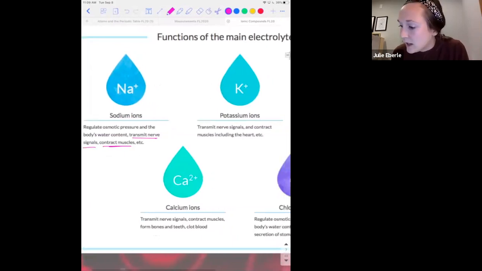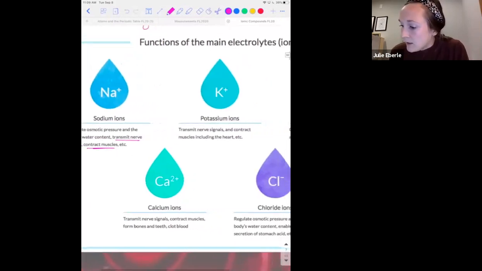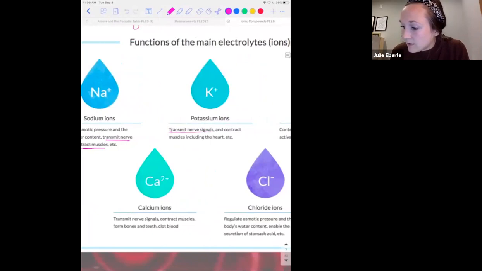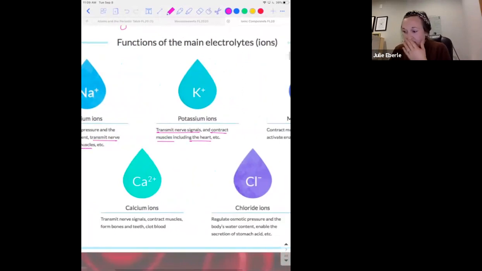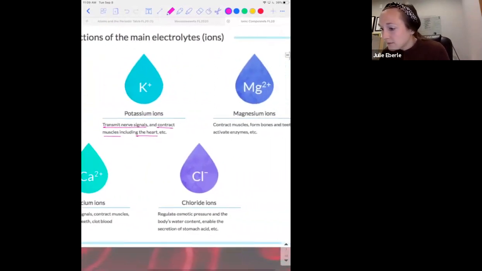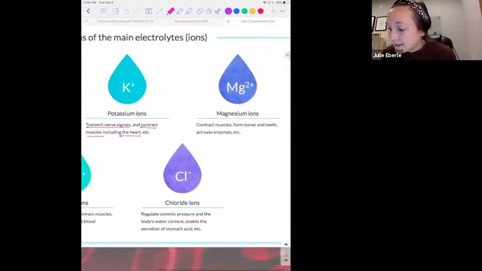It helps us regulate the amount of water in our body. Potassium, looky there, nerve signal again. Okay, so potassium and sodium are both important for our nervous system. Again, muscle contraction, and potassium is important for the heart, which is a muscle which we know contracts all the time. Magnesium, again, muscle contraction, but also bones and teeth, and activate enzymes.